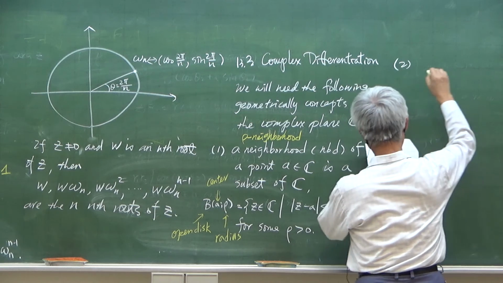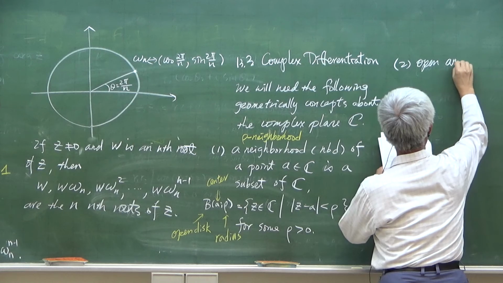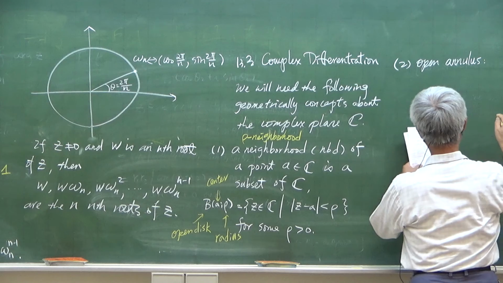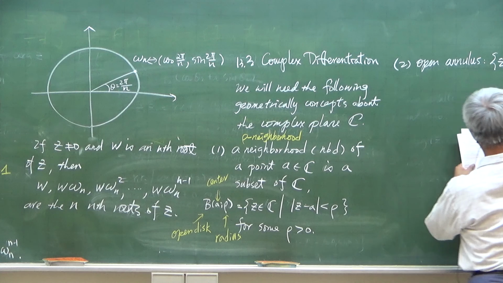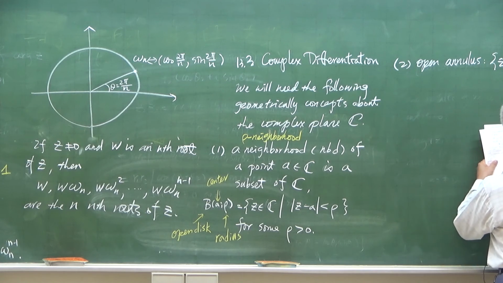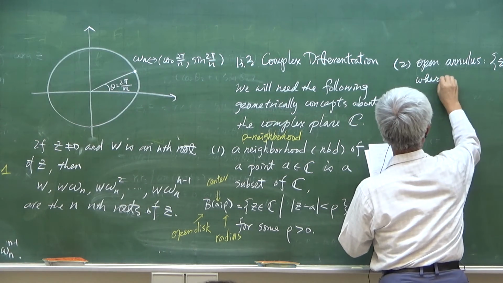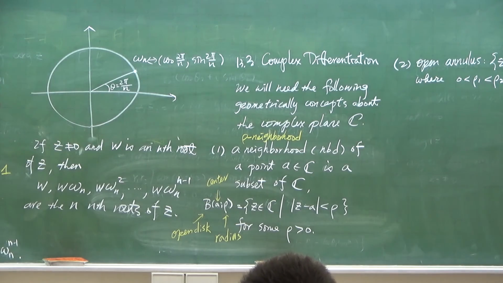The second geometric object is called the open annulus. An open annulus is the set of z such that rho 1 is less than |z minus A|, which is less than rho 2, where rho 1 and rho 2 are positive and rho 2 is bigger than rho 1. So it's called the open annulus.